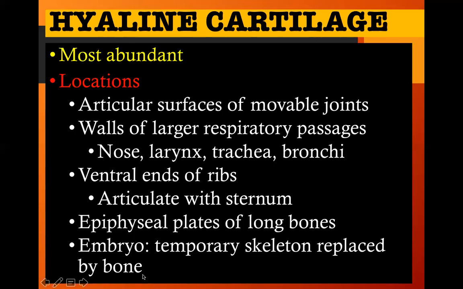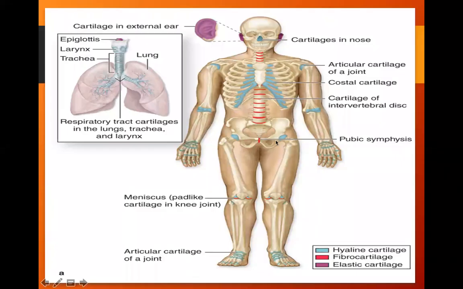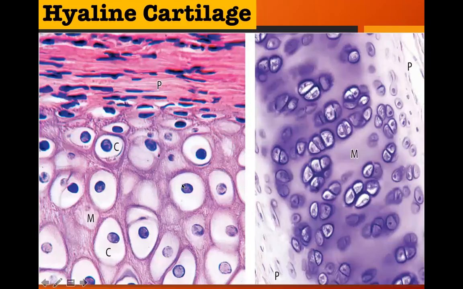This is known as your endochondral ossification. Basically, they are cartilage first that is being eroded by the osteoblast, and then they will synthesize the osteoid, and that is your endochondral ossification, right? So yeah, these are the locations of your hyaline cartilage.